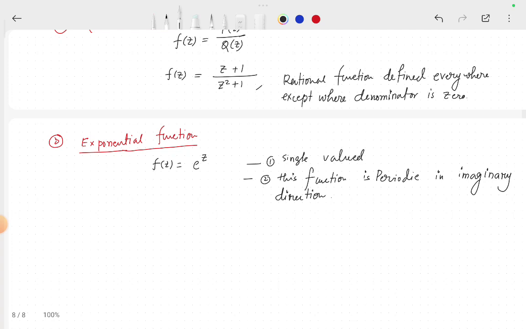Okay, so this is another example of a single valued function. For each z value, you can get only one value.